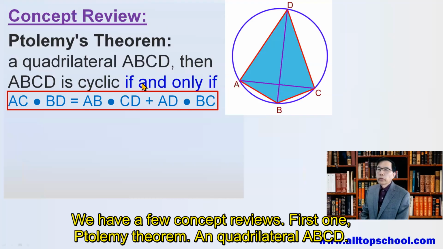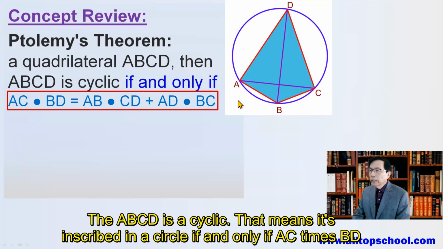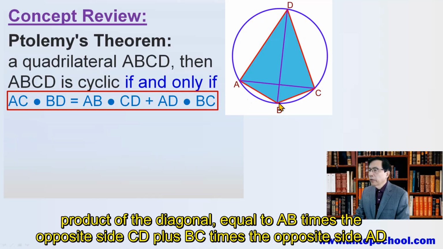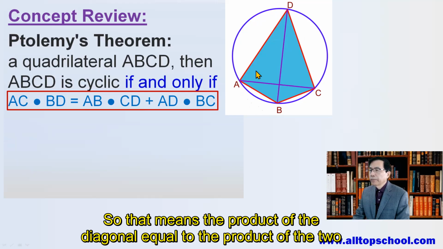We have a few concept reviews. First one, Ptolemy's theorem. Quadrilateral ABCD is cyclic, that means it's inscribed in a circle, if and only if AC times BD, the product of the diagonals, equals AB times the opposite side CD plus BC times the opposite side AD.